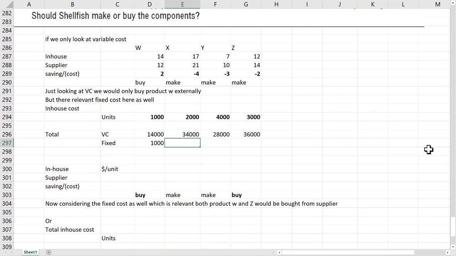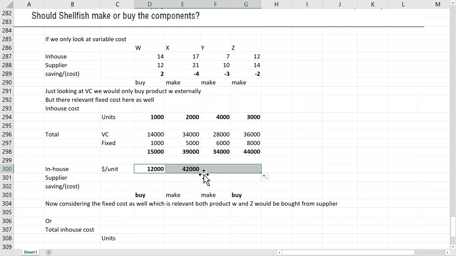1,000, 5,000, 6,000, 8,000. So the total cost is 15,000, 39,000, 34,000, and 44,000 of making in-house. But if we buy from a supplier, taking that multiplied by the price of supplier to make it easier will be the total cost of supplier. So here, actually this is in-house.